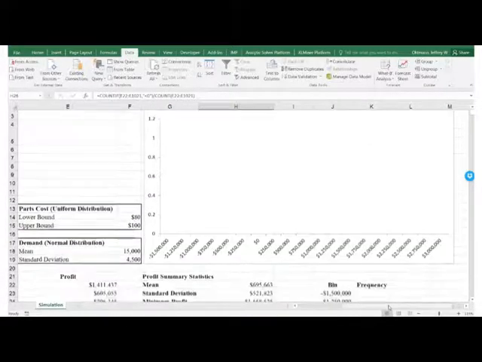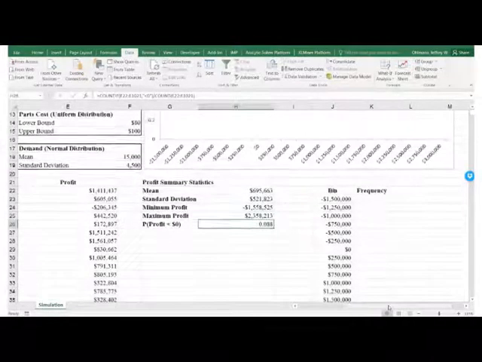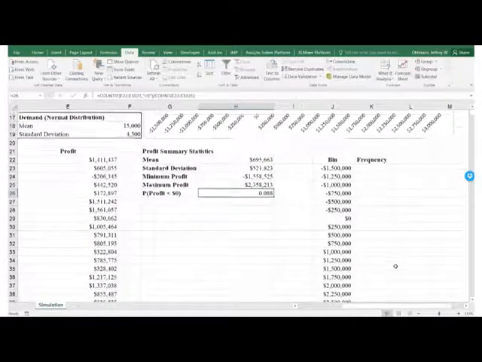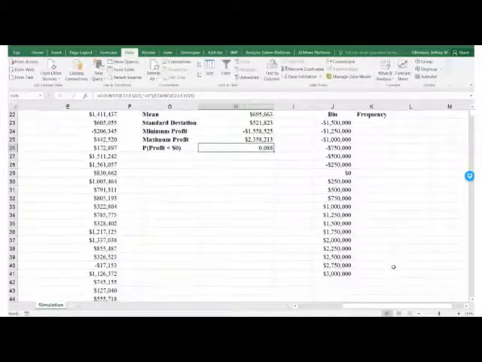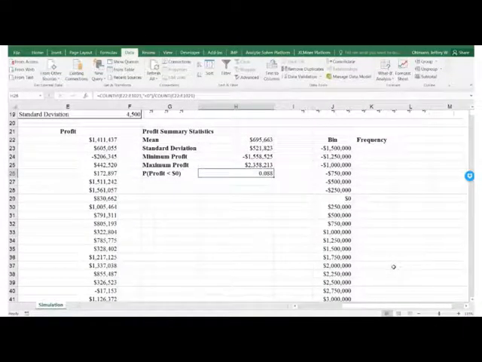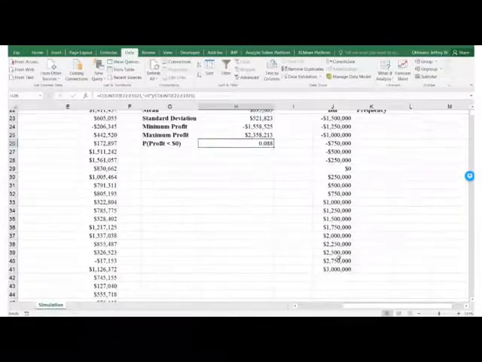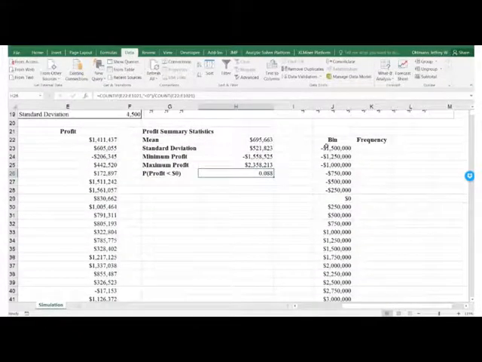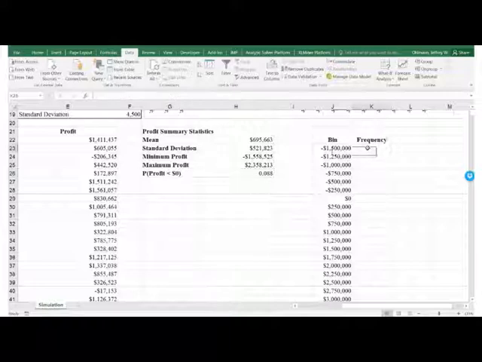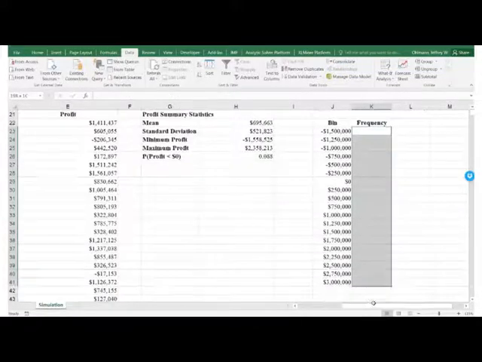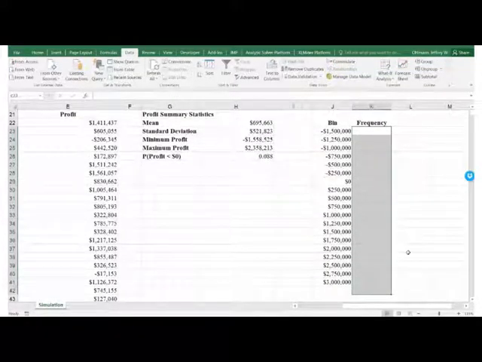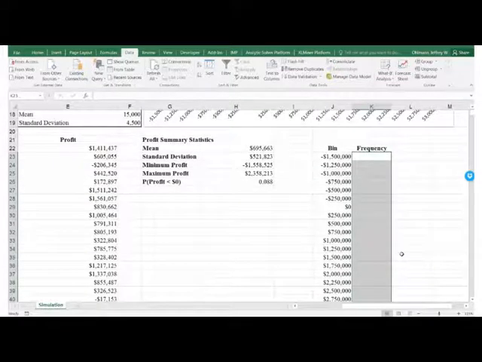We could also generate a distribution of the values using the frequency command. To use the frequency command, we first create a set of bins for our histogram, and then we highlight the range adjacent to the set of bins.